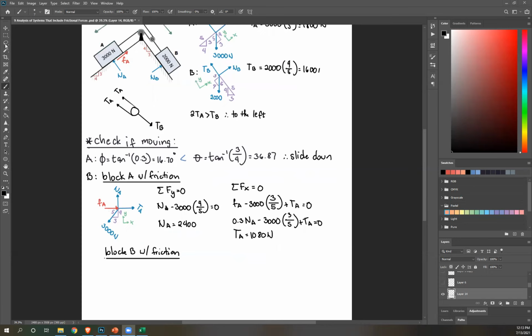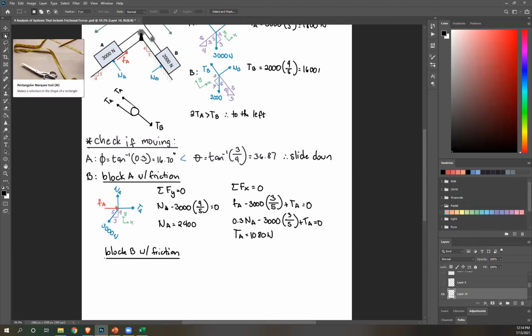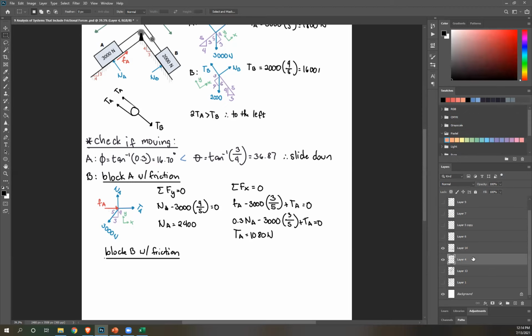Next, going on to block B. Once again, draw your free body diagram. I'm just going to copy that. Again, I'm going to rotate.